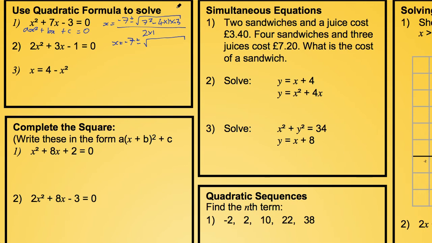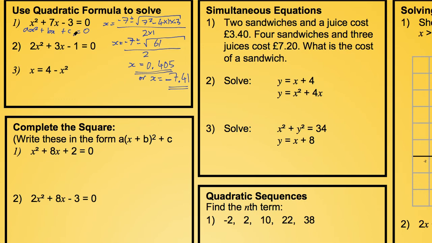So 7 squared plus 12, 49 plus 12 is 61, over 2, and that gives me x values of root 61 minus 7 divided by 2, 0.405, or other way around, minus 7, take away the square root of 61, divided by 2, minus 7.41. Both of those to 3 significant figures.